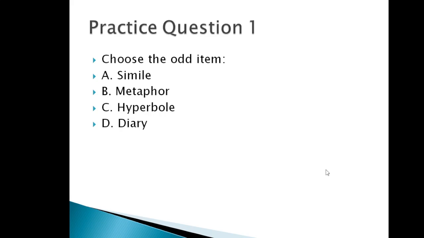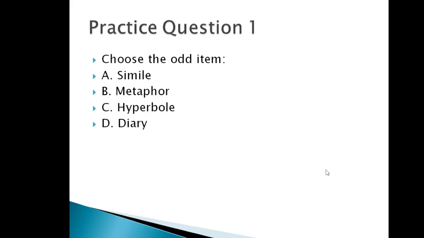But diary is an account of a person's life, recorded even within a journal. So a diary is different from those figures of speech. It's not a simile. It is not a metaphor.